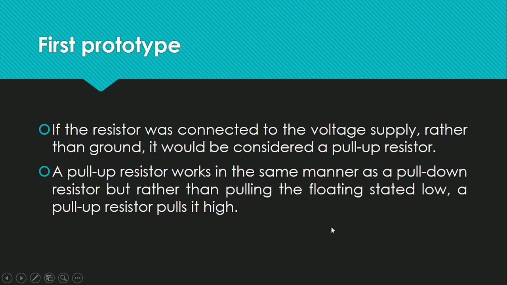So a pull-up resistor works in the same manner as a pull-down resistor, but rather than pulling the floating state low, a pull-up resistor pulls it high, or makes it an on signal.